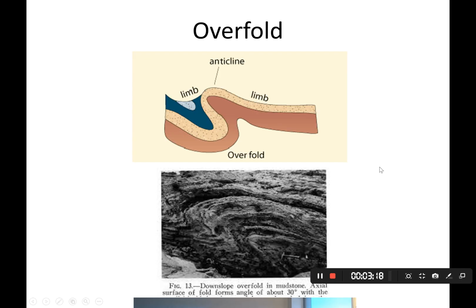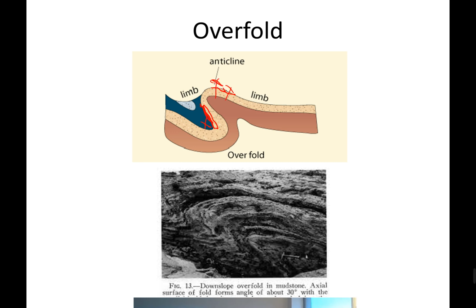Next one is an overfold. An overfold is just a continuation of the asymmetrical fold. Again, you've got the steeper limb, but in this case, this limb is being pushed over that limb. So this limb is now on top of that limb there. That's why it's called an overfold.